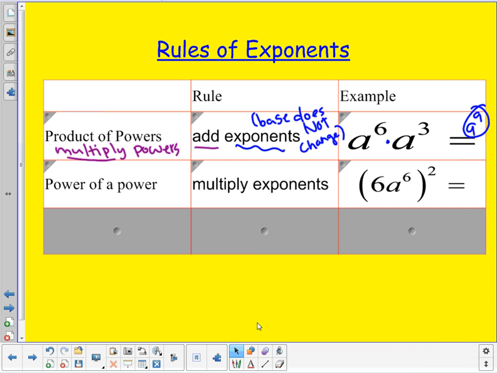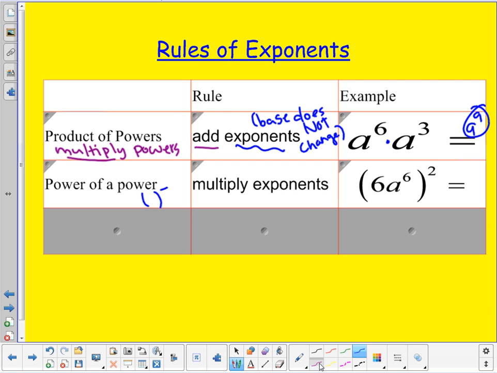So when I have something like 6a to the sixth, squared, this is a power inside that's being raised to a power outside. When you see a power of a power, you're almost always going to see parentheses.